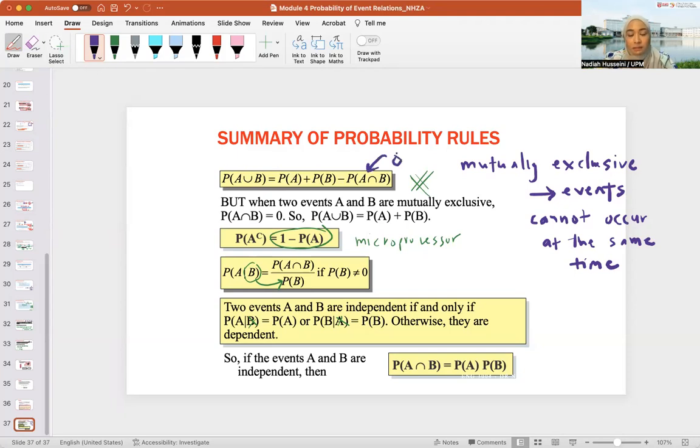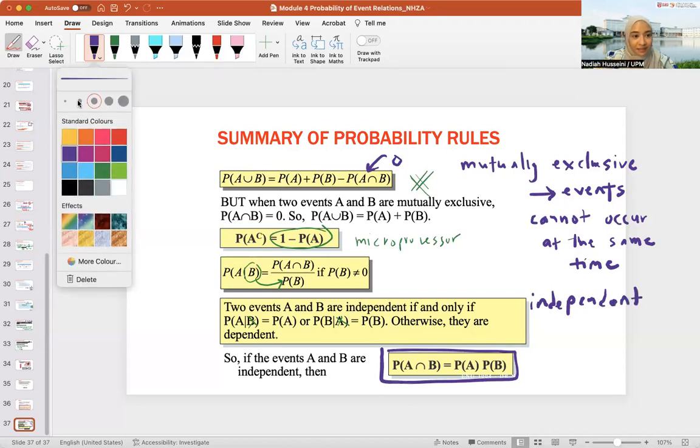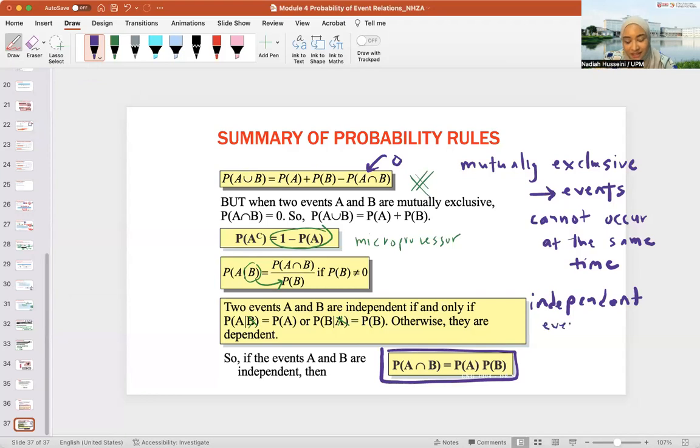Now, this is not the same case as when the events are independent. When the events are independent, this is the equation. So they are not the same. Now, what are independent events then? Independent events are when events both occur at the same time, but they are not affected by each other. It's hard to describe in the sample space.